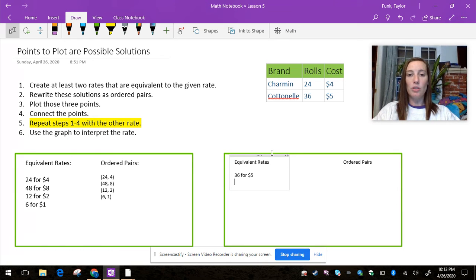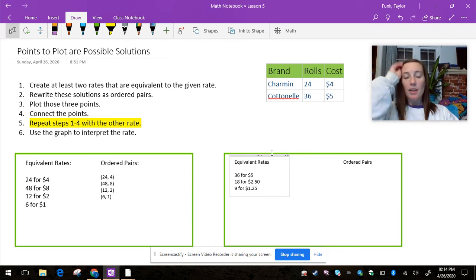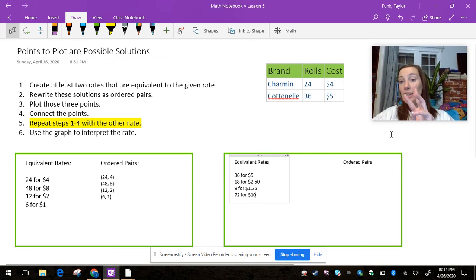I'm thinking I could buy 18 rolls for $2.50. I just cut 36 in half. I could do 9 rolls for $1.25. I cut that in half. I also could go the other direction and do 72 for $10. Again, you only need 3 total points, but I'm going above and beyond.